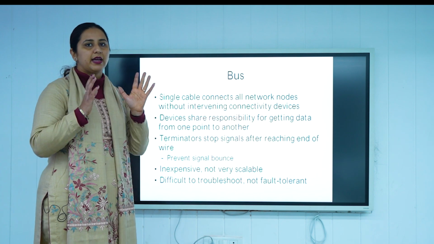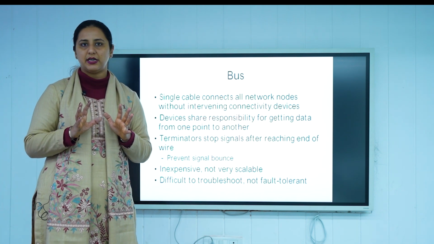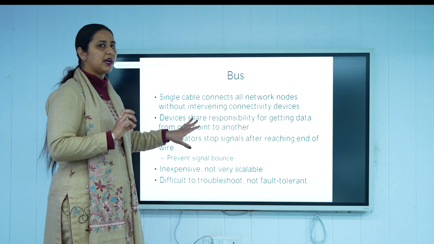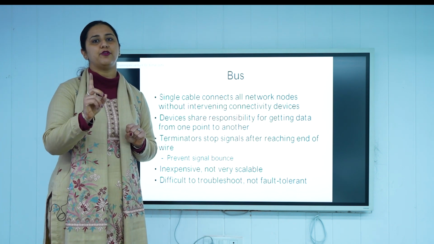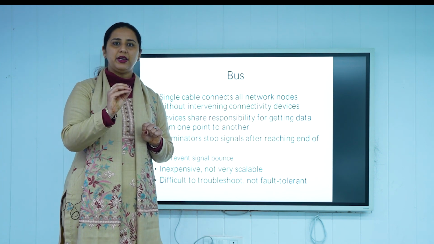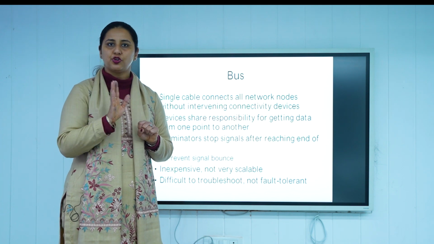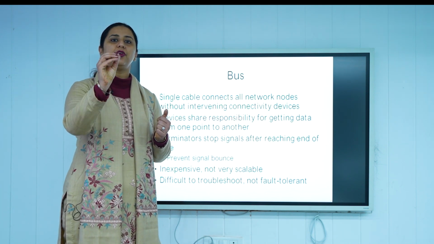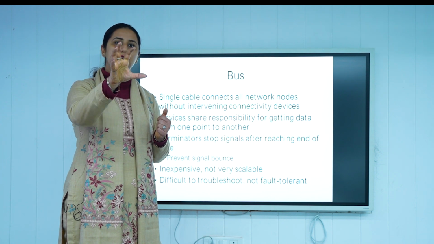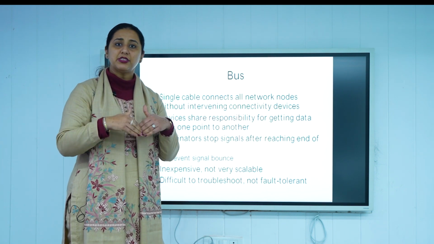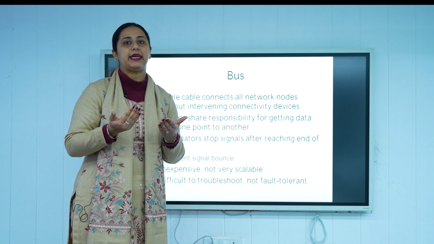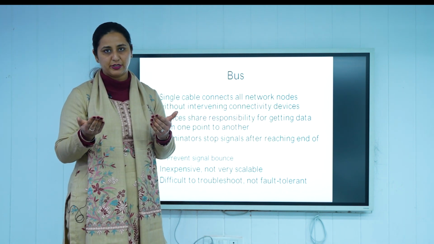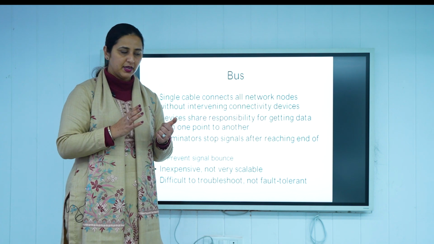The devices here share the responsibility of accepting the data which is meant for them. One node is broadcasting the data through the cable to all other nodes, but only the desired node will be able to collect the information which is actually required by it. The rest of the nodes will reject the information which is not meant for them.